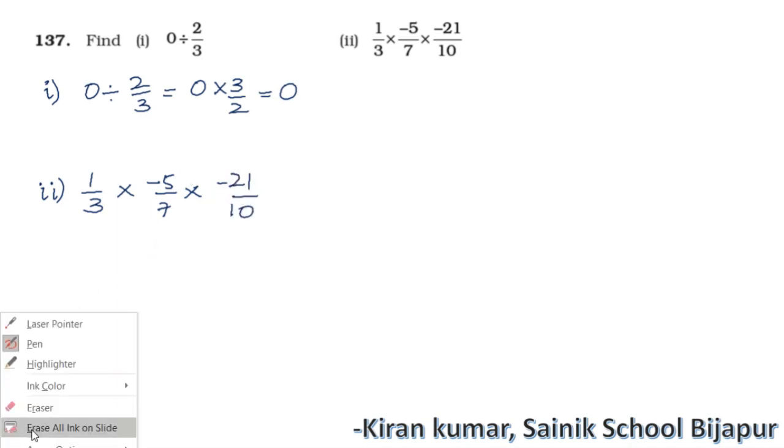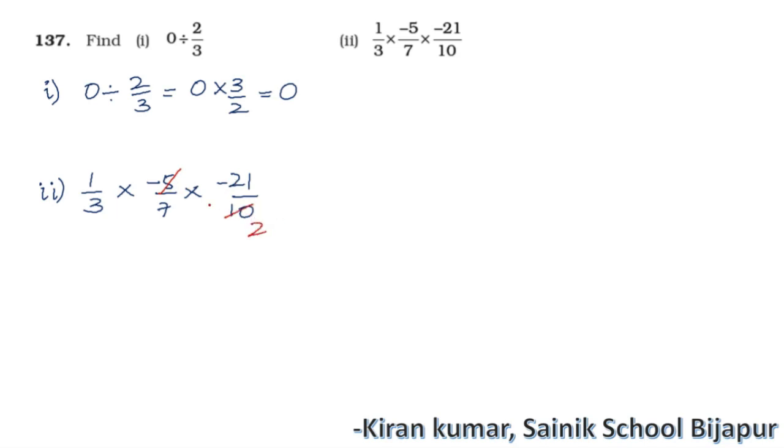We can simplify this. Since it's a multiplication, I can multiply in any order. I can simplify this. 5 2 times, 7 3 times, and 3 and 3 get cancelled. We get minus of minus as positive. So positive 1 upon 2 is the product.